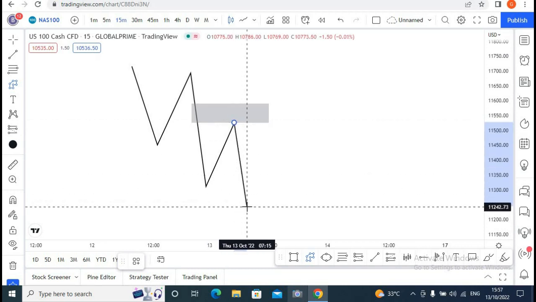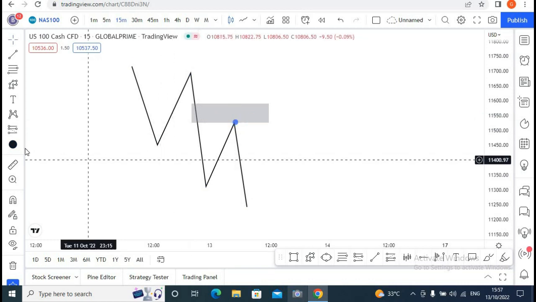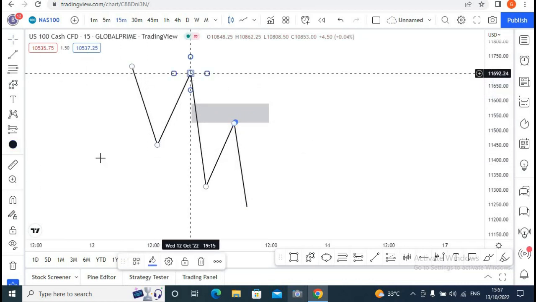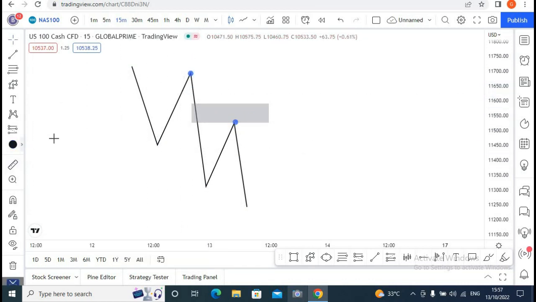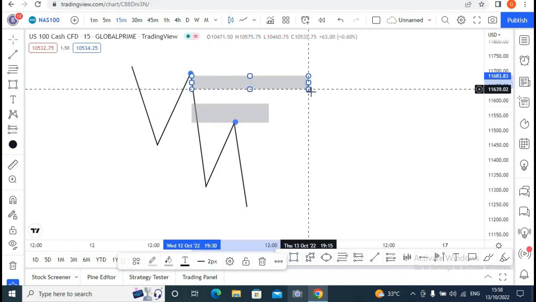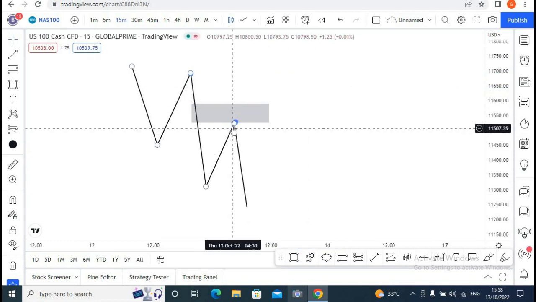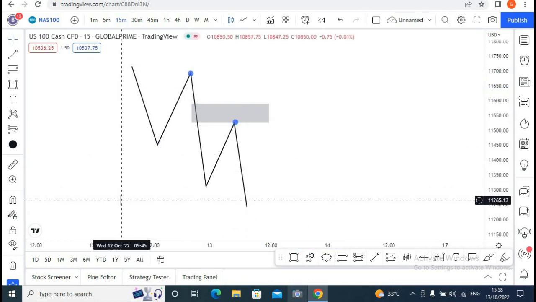So ICT concept helps you to trade from these highs, not to wait for the price to come back to the supply zone areas, but it helps you to trade from these highs, and then you'll be a profitable trader.